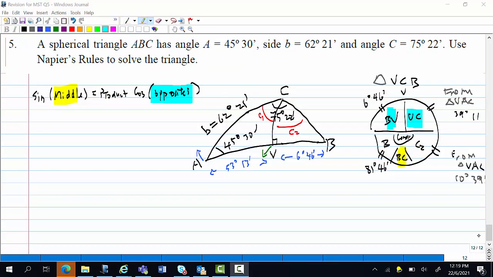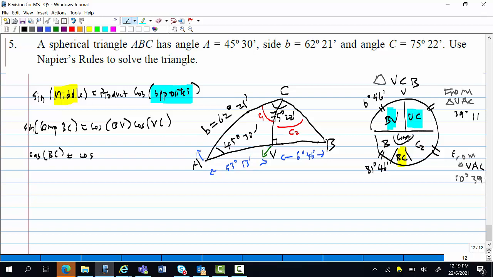Finally, we are going to find BC in yellow, and we have two opposite in blue. So we can write sine of BC. BC is below half, so we can count co-BC here. It is equal to product of cosine of the opposite, which is actually cosine of BV, times cosine of VC. Sine co-BC is actually cosine BC here.